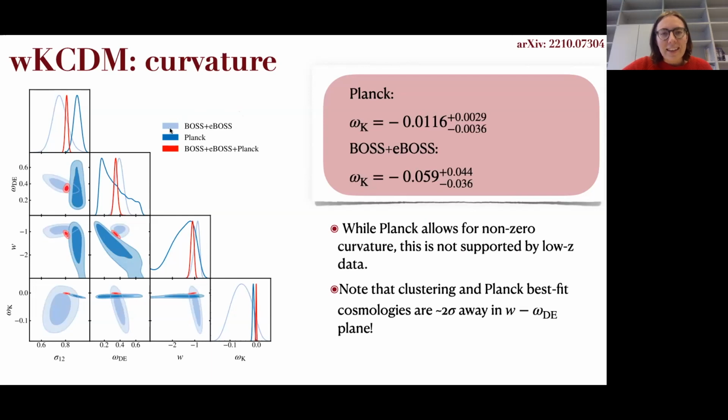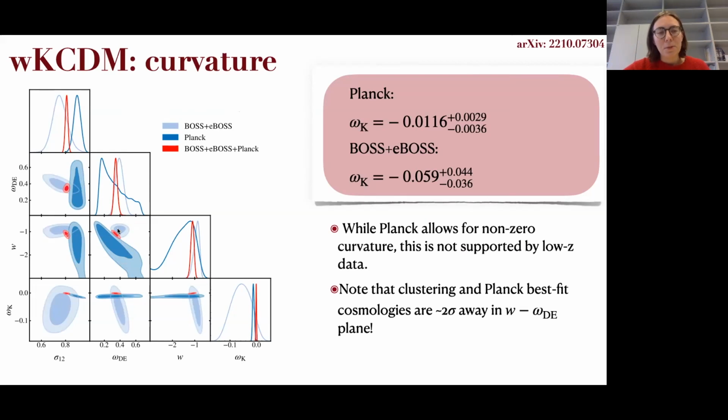When we add clustering to this mix, we see that within these curved models, clustering and Planck do not really agree with each other. They are in tension. And I guess this is most obviously seen in this W dark energy density plane, where the two sets of contours are barely touching each other.